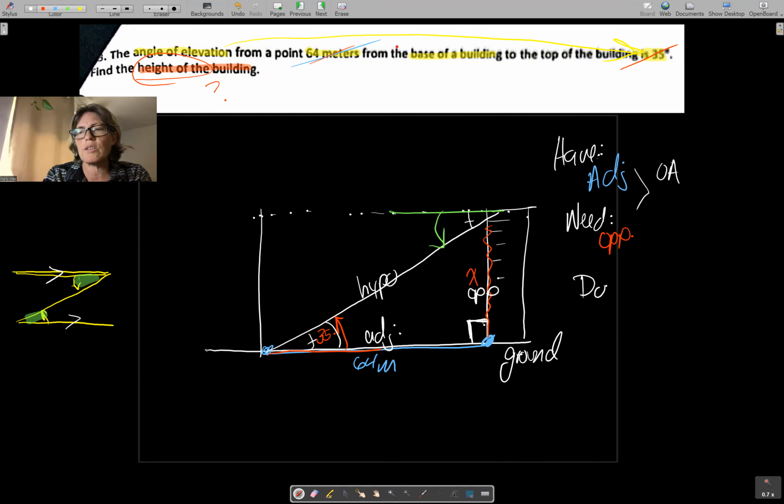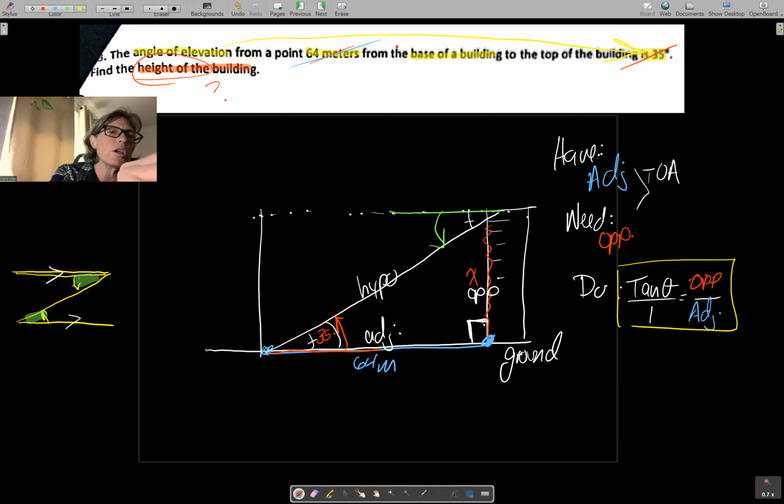So that's tangent, that's TOA. So that's going to be tangent of angle theta over 1 equals opposite over adjacent. I always write the equation. I do not immediately put in the numbers. You always write the essential equation beforehand.